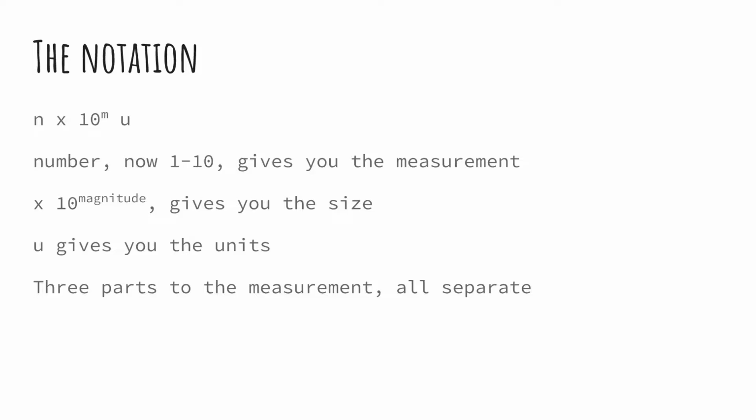Really easy to do, just a different size exponent. And then you have the units. And we don't have to memorize different prefixes for this, because you could work with any units you wanted. You could have 4.370 times 10 to the third meters, or you could have 3.47 times 10 to the negative sixth kilometers, or whatever. Scientific notation is perfectly flexible in that way.